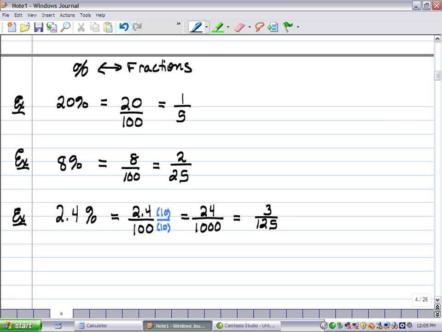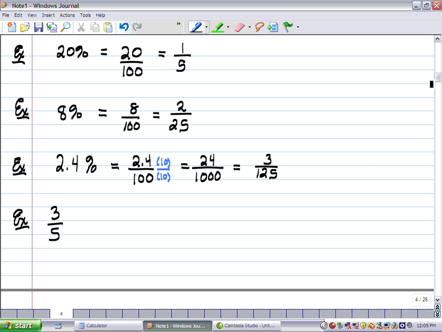Okay, now what if we want to go the other way? We have the fraction. We know that the fraction, a percent, is out of 100, and this particular fraction is out of a 5. So we'd like it to be out of 100. Sometimes we can easily see what they would be.